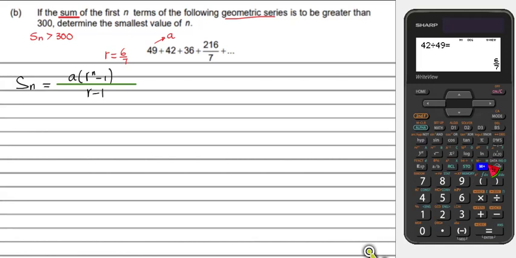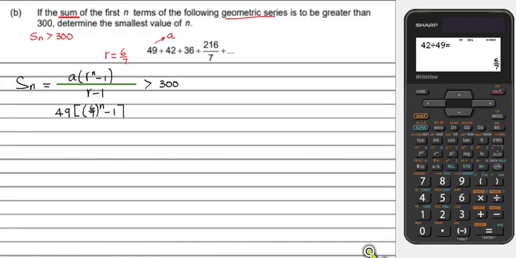We're good. Now, they told me this thing must be greater than 300. So my substitution comes into place. So a is 49. So I'm going to put 49, open the square brackets. Then the r, square bracket, is actually bracket 6 over 7 to the power of n minus 1.